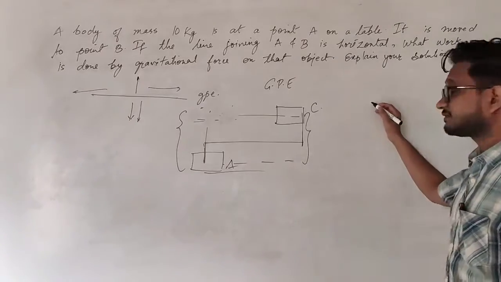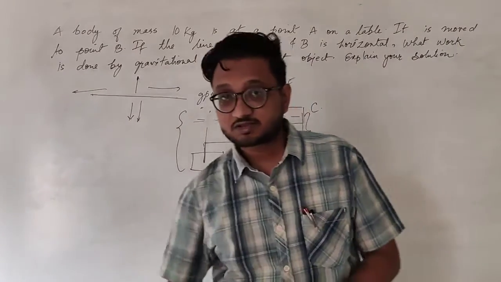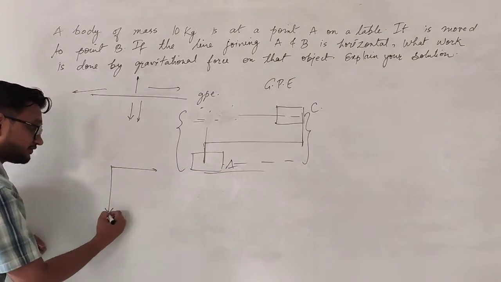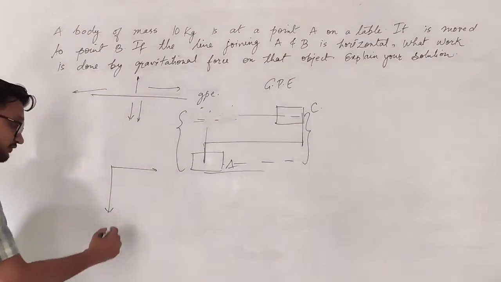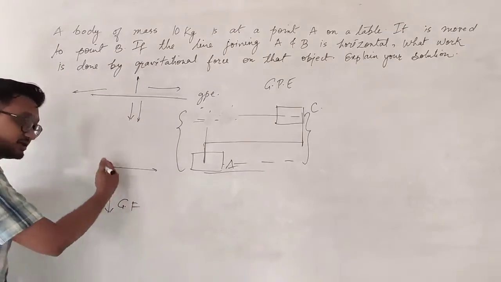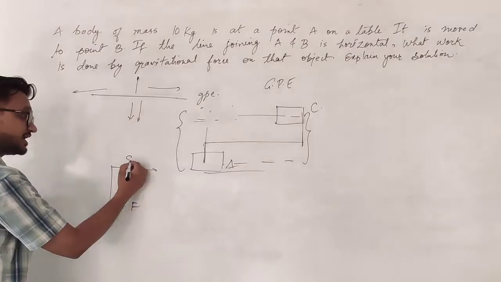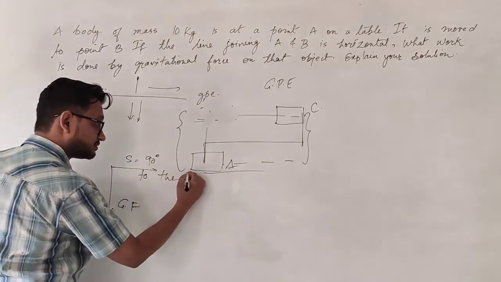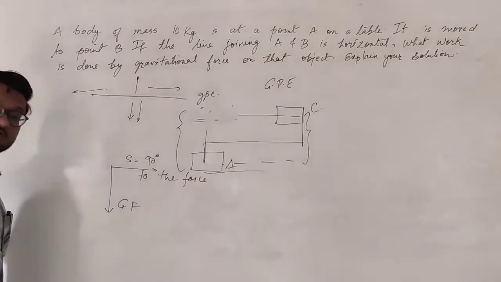Okay, so for the gravitational force or any force, if it is acting and the displacement is happening perpendicular, for example, in this particular case, gravitational force is acting in the downward direction, and the displacement S is happening 90 degrees to the force.